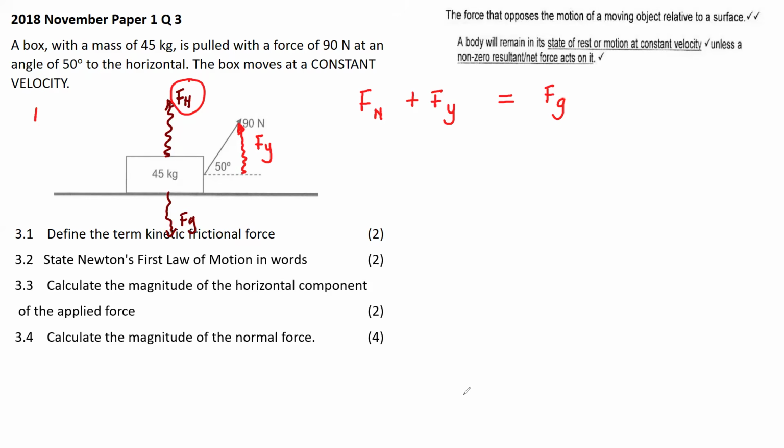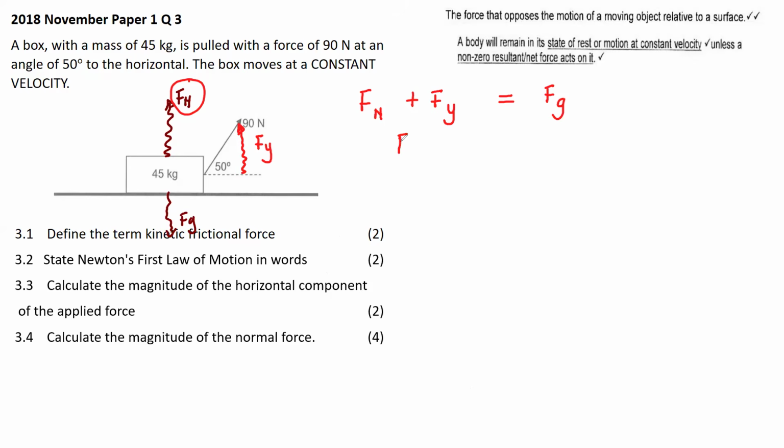You must consider the presence of the upward vertical component of F, which is Fy. And so the two upward forces added together equate to the force due to gravity.